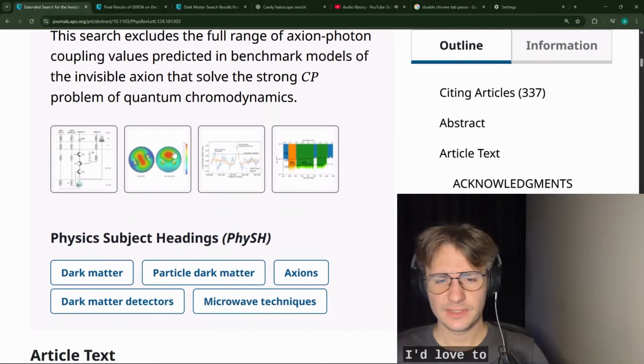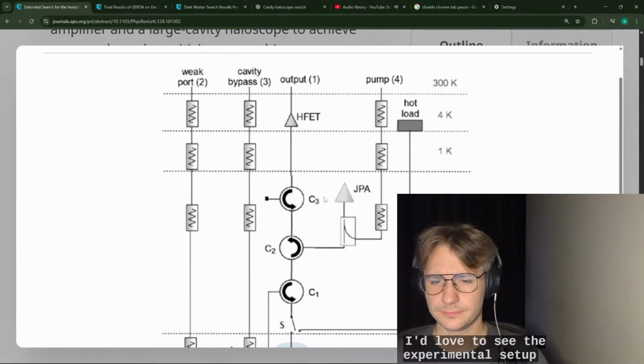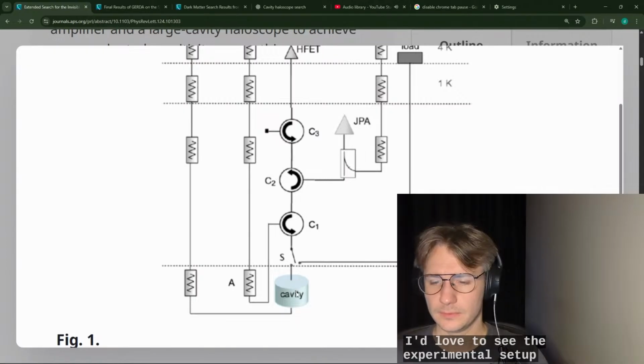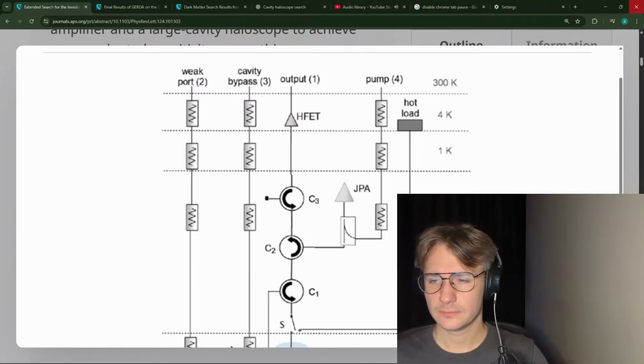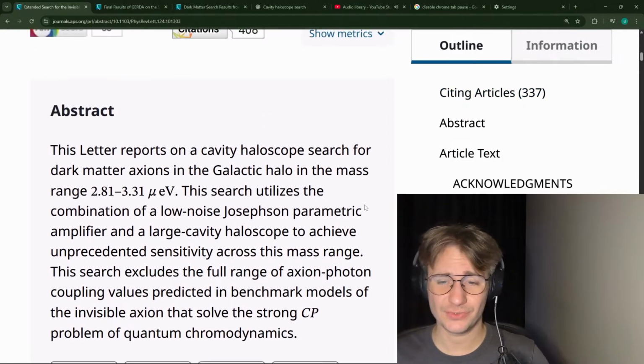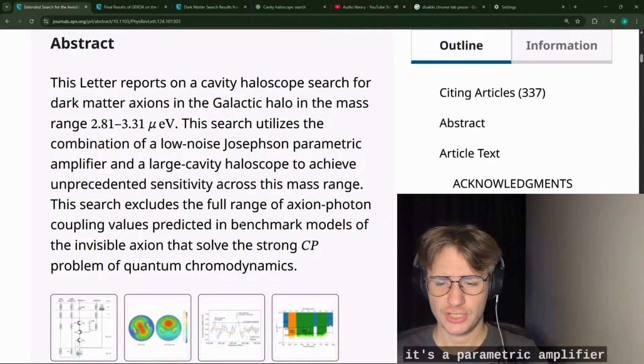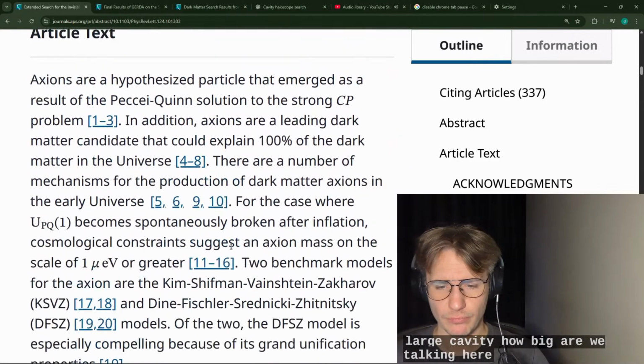I'd love to see the experimental setup. Maybe it's so small you wouldn't even know, but it's a parametric amplifier. Large cavity. How big are we talking here?